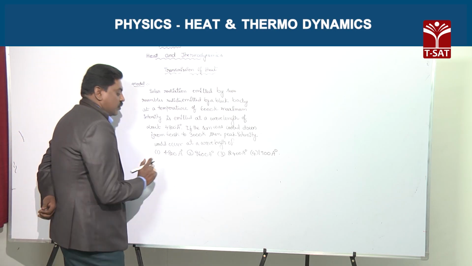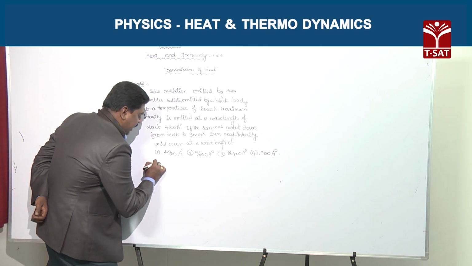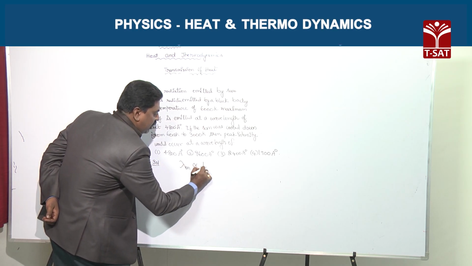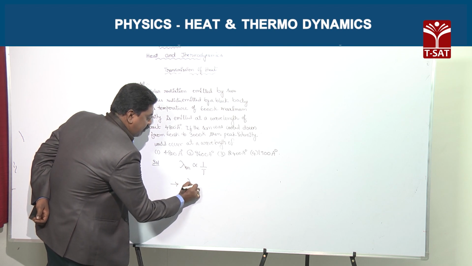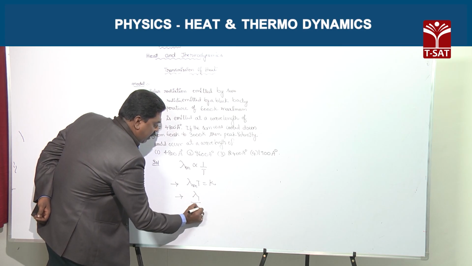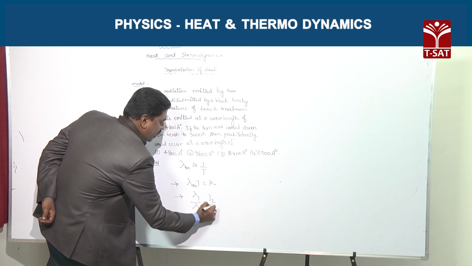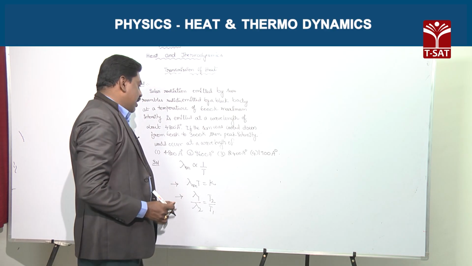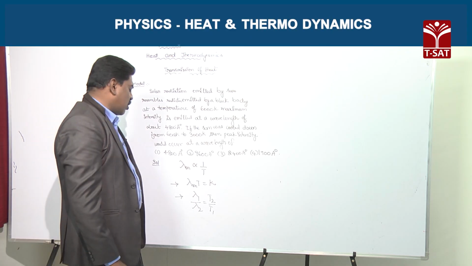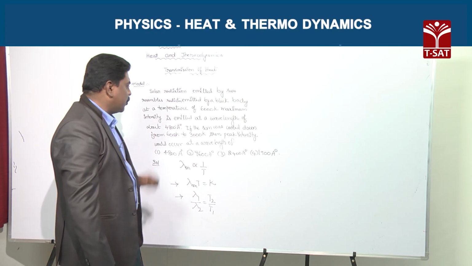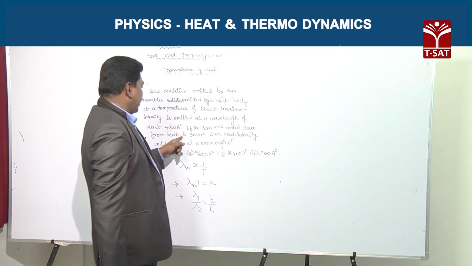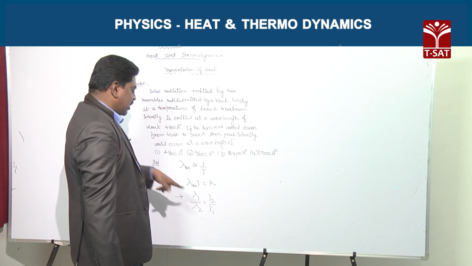Now, Wien's displacement law states that lambda m is proportional to 1 by T. From this, we get lambda m into T is equal to constant. So we can write lambda 1 by lambda 2 is equal to T2 by T1. Here, lambda 1 is given as 4800 angstroms and we have to find lambda 2, whereas the initial temperature T1 is 6000 and the final temperature is 3000 Kelvin.